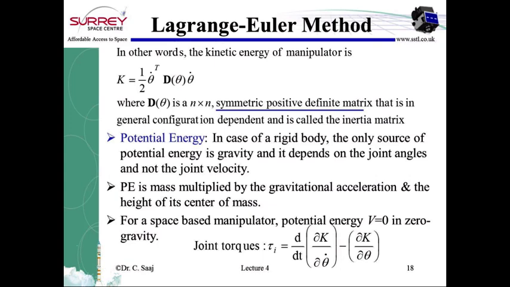So you get the general expression for the joint torque as tau suffix i is d by dt of the partial derivative of K with respect to theta dot minus the partial derivative of K with respect to theta, where the partial derivative is of the kinetic energy with respect to theta dot or theta for the individual terms.